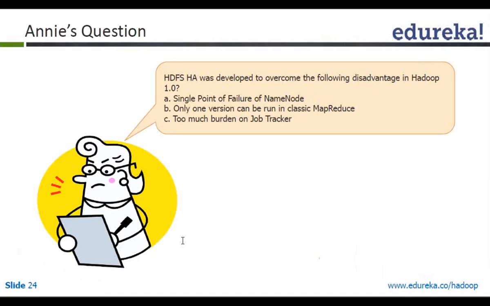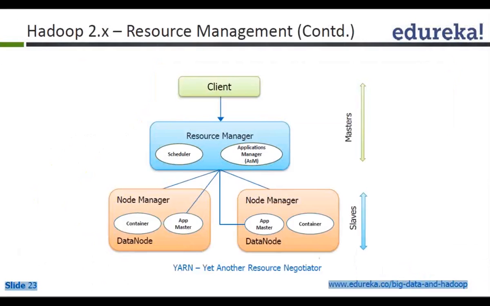Can you explain the difference between app master, app manager and resource manager? Sure, Kiran. I'll explain it with an example as we go ahead. Perfect. So the question was, let me go back to the earlier step, then I'll come back to this. What is the difference between your app master and the resource manager? Resource manager is one component which takes care of resource management for all the jobs that are there in the cluster.